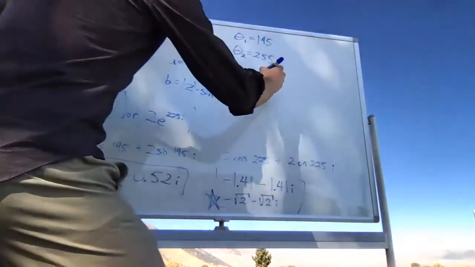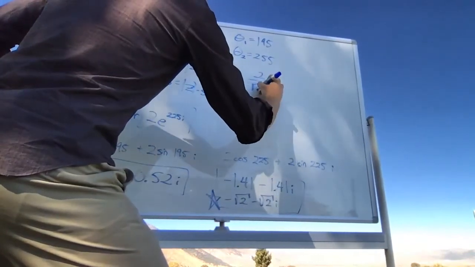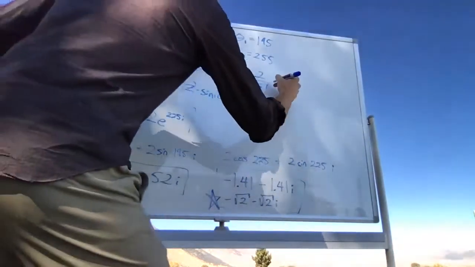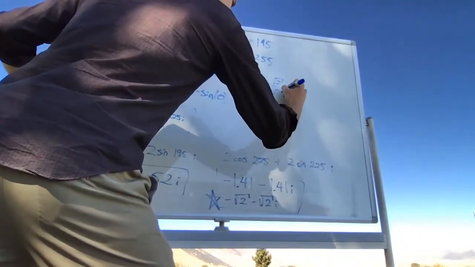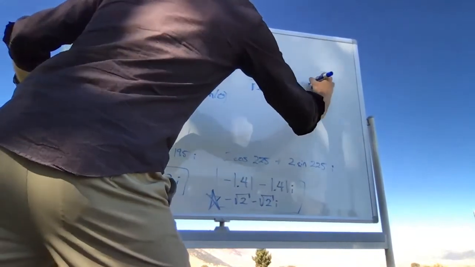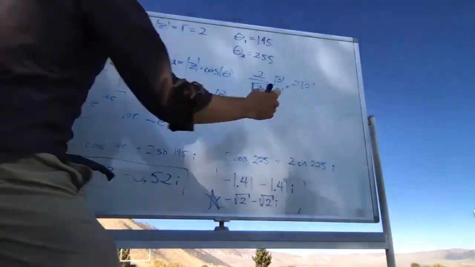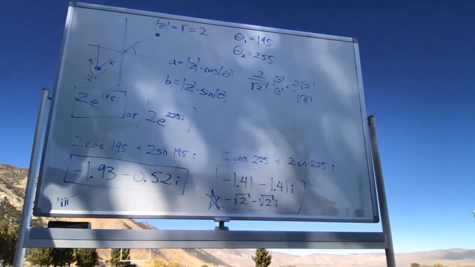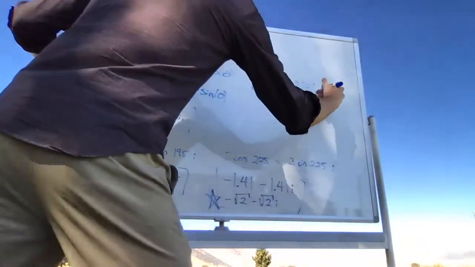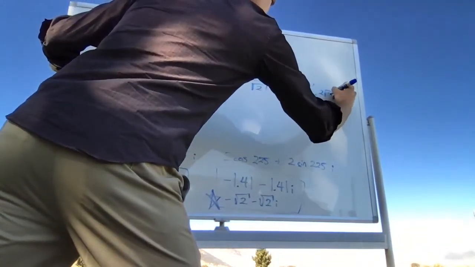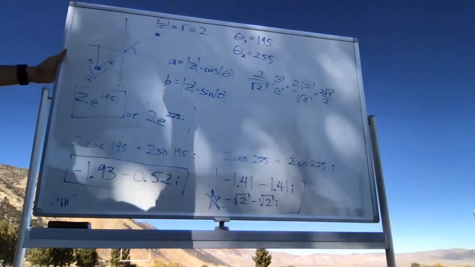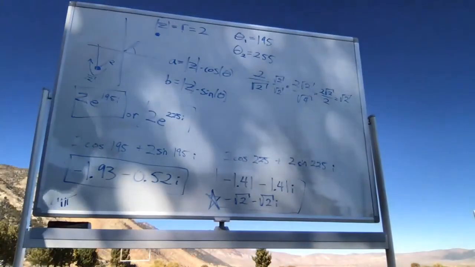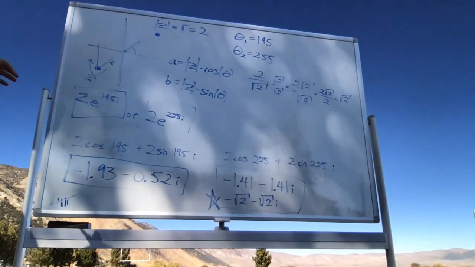And then how do I do that? 2 divided by the square root of 2. I have to multiply the numerator and denominator by root 2 over root 2. That's going to give me 2 root 2 in the numerator. The denominator is going to be square root of 4, which is the same thing as 2, so this is 2 root 2 over 2, and then the 2 in the numerator and denominator cancel out, and this is just going to be square root of 2, which means the distance of the leg is the square root of 2.